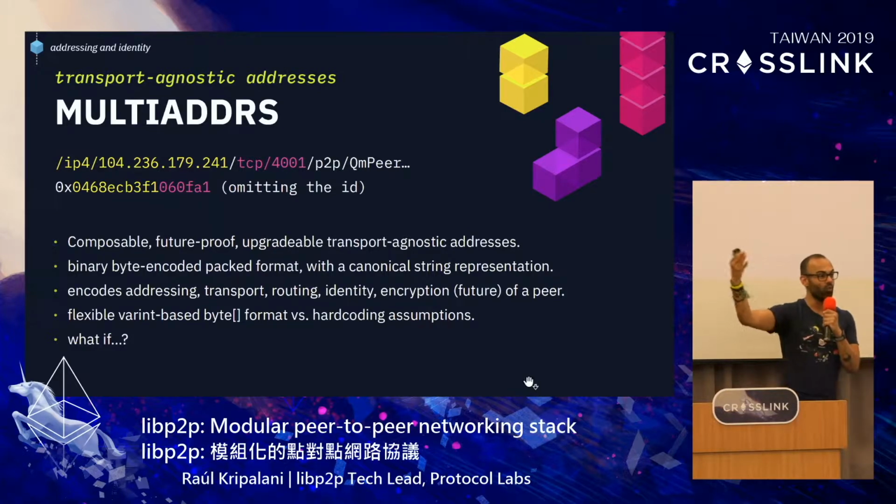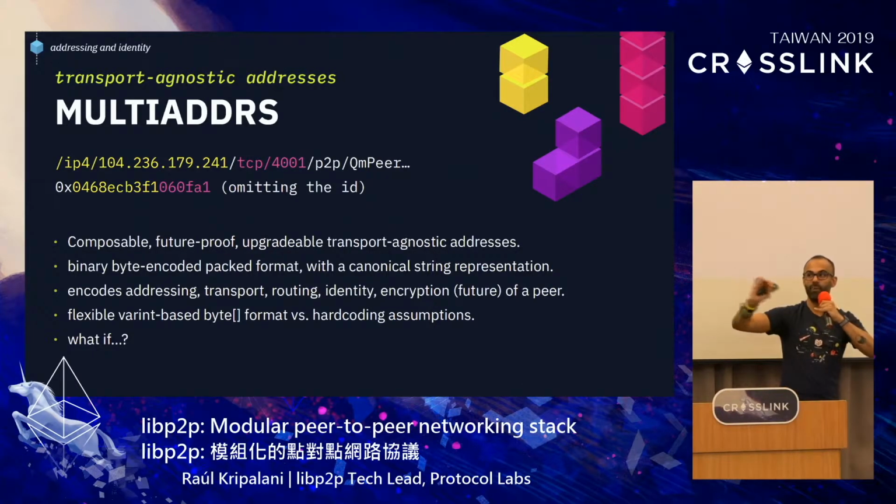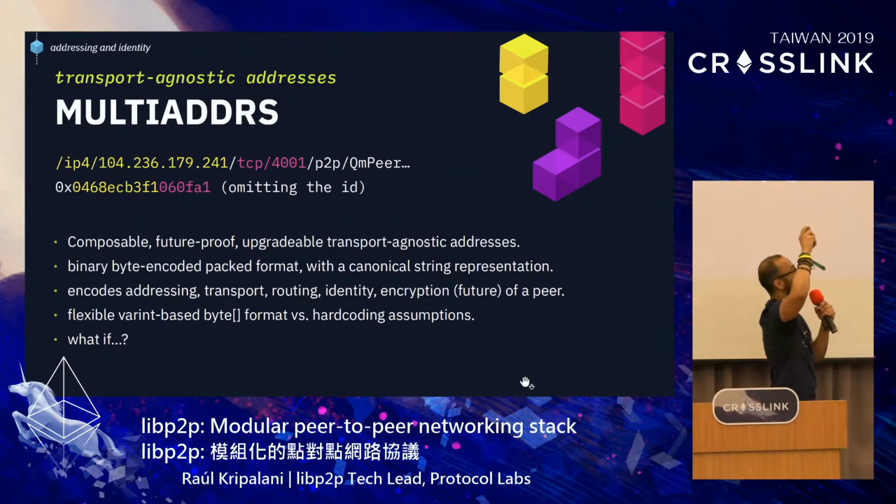Multiaddrs is kind of one way of doing this. Basically what it does is it creates a binary, so you replace all of these IP addresses, ports, and all of these granular things with just one byte string, right? And that byte string is extensible, and it encodes the different aspects of how you address that particular process in the world.